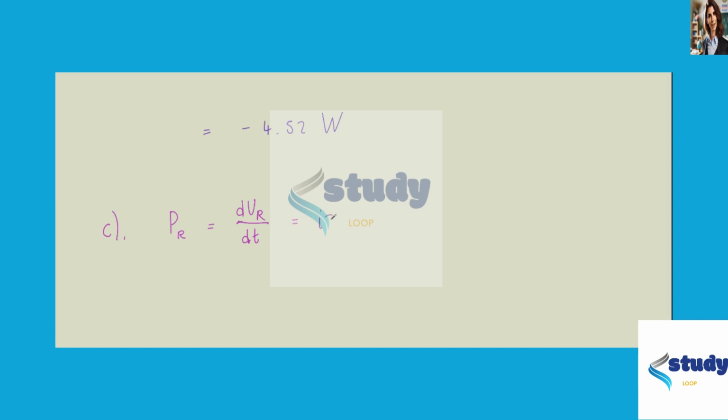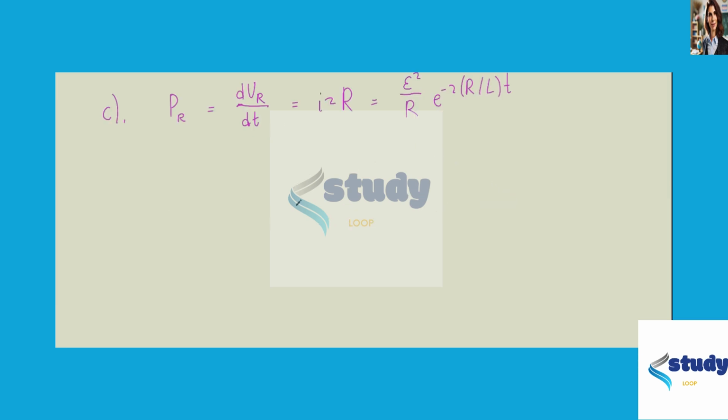And we know this is defined as I squared times R. So we can rewrite this as epsilon squared over R times e to the minus 2 R over L times time t. And again, these values are known.